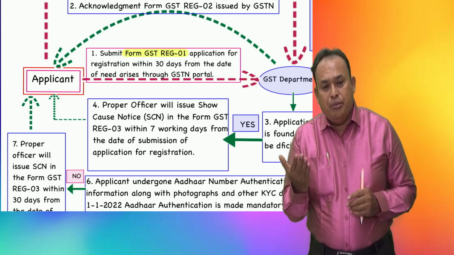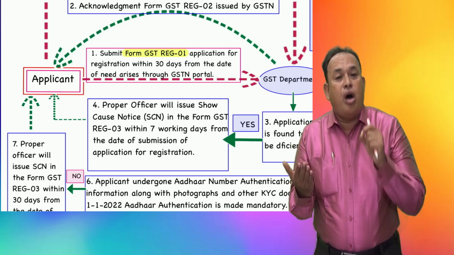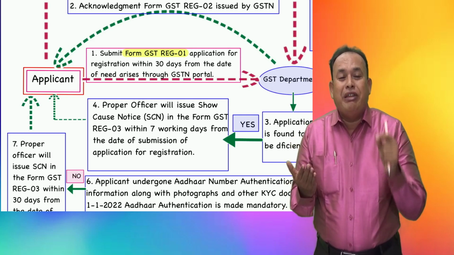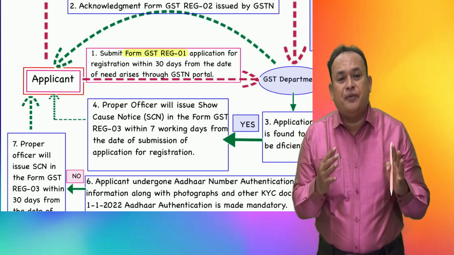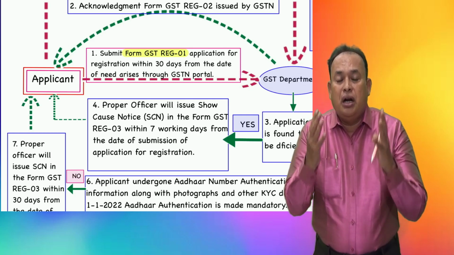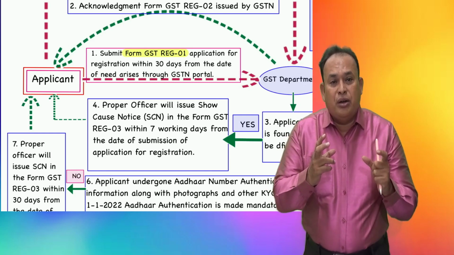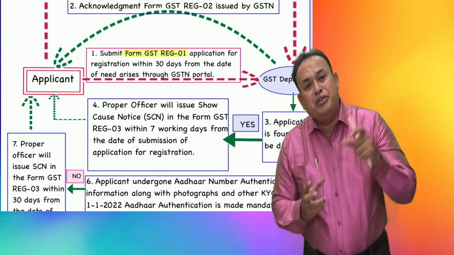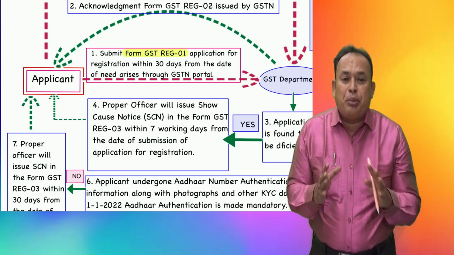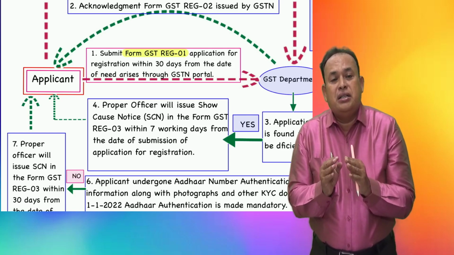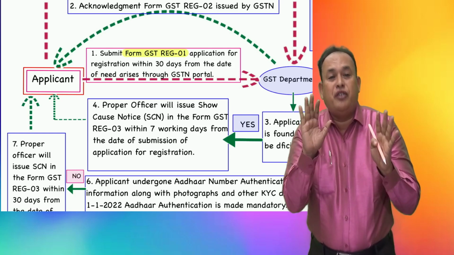The department, namely the network portal, performs a non-statutory function, meaning without involvement of a department officer, the system software itself will cross-check whether your PAN number is correct and the name is correct, and by sending the OTP to your registered mobile number which you gave to the Income Tax Department while obtaining the PAN, authentication takes place. Prima facie, whether the information is correct or not, the system will check without involvement of a department officer.